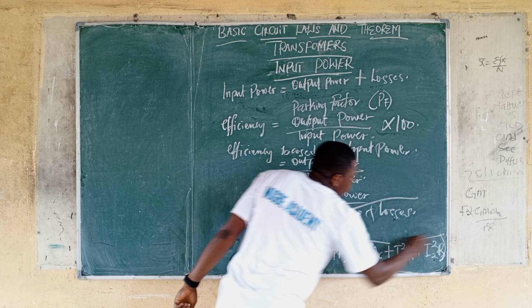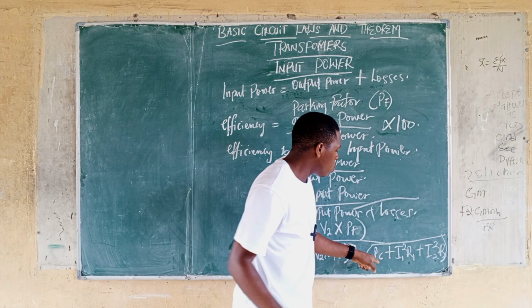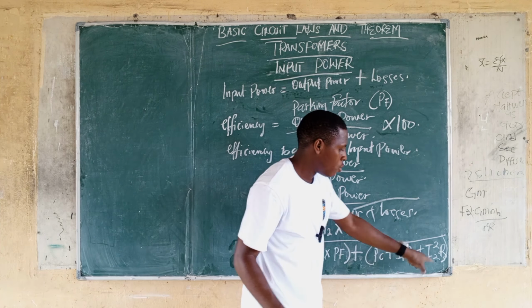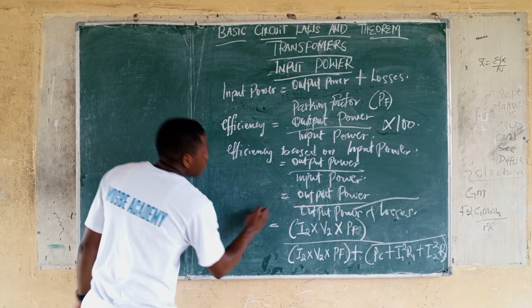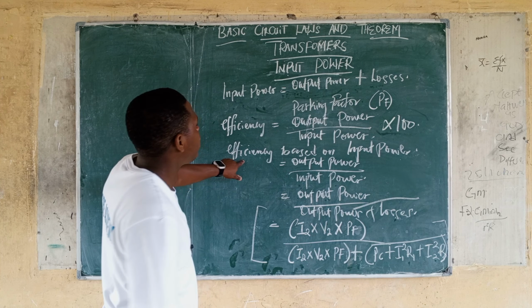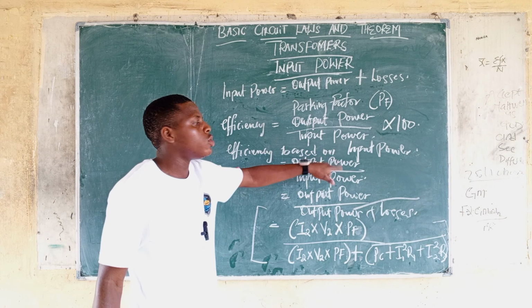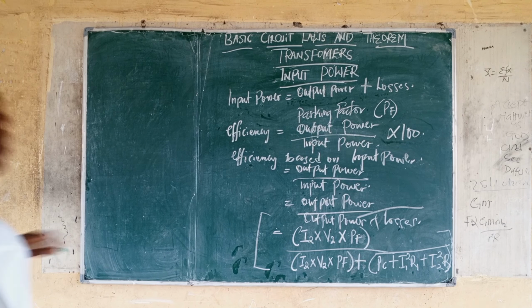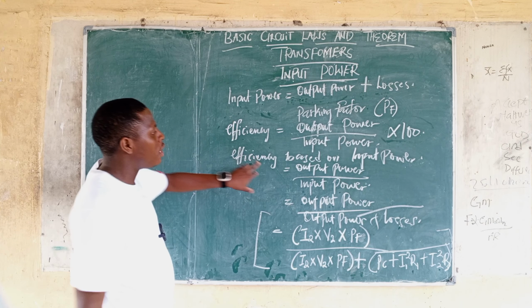So you are adding your iron loss and your copper loss. So this equation is applicable when we are asked to calculate for efficiency based on your input power.